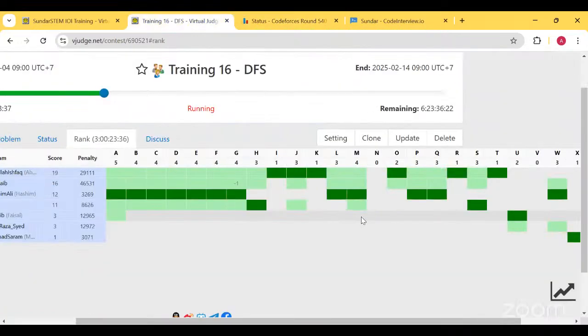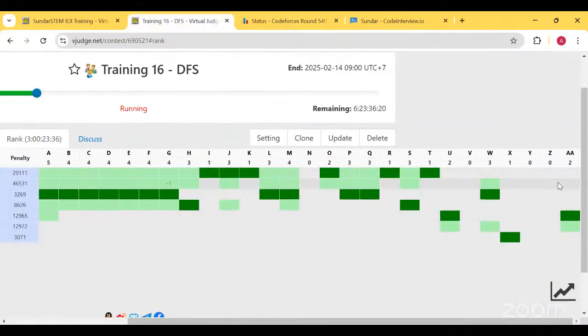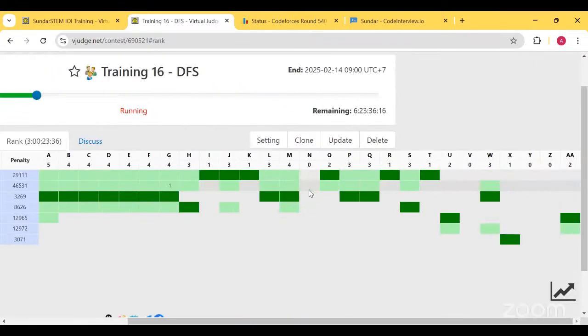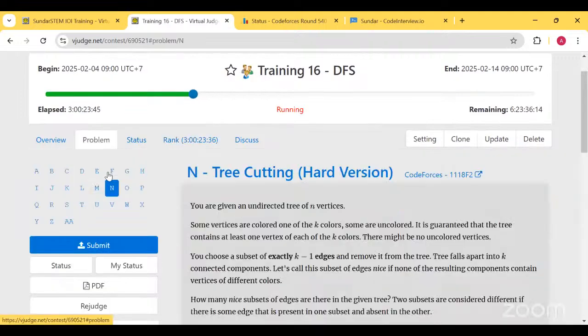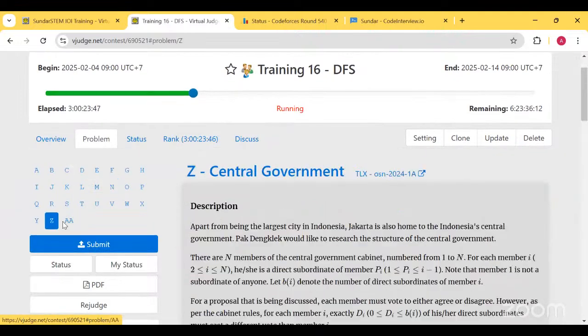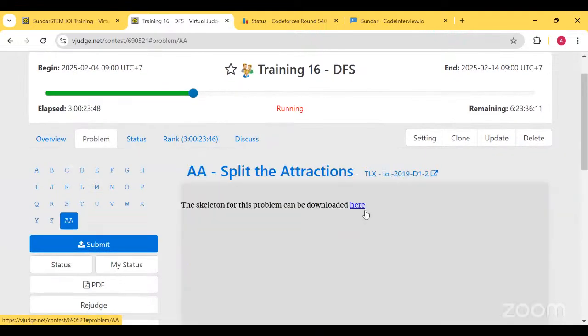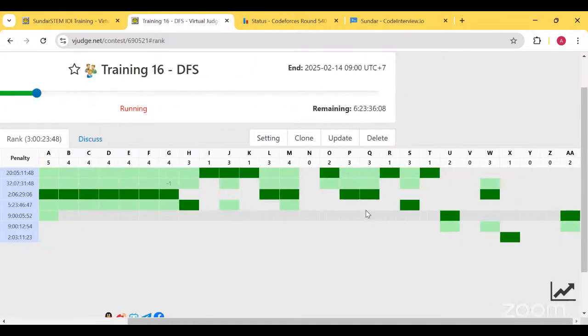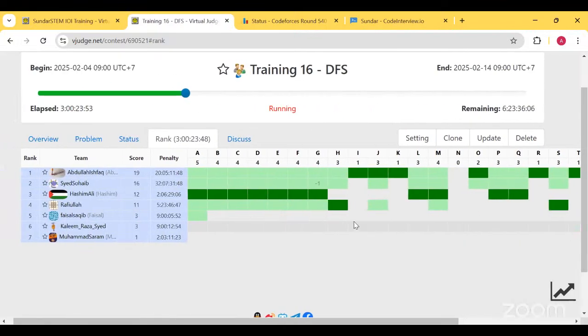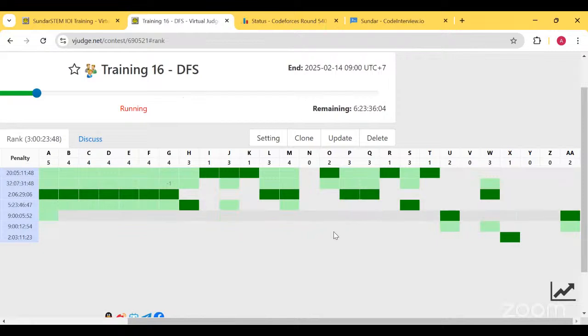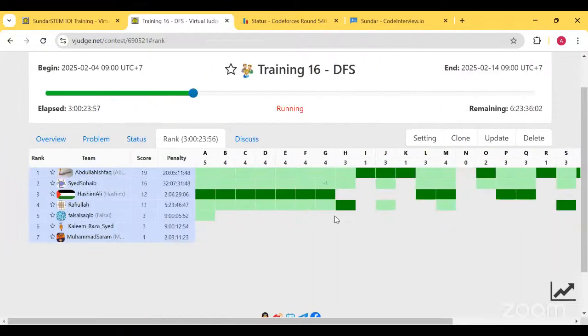And I have added two problems for you, problem Z and double A. And two of you, Rafiullah and Faisal, already solved it.